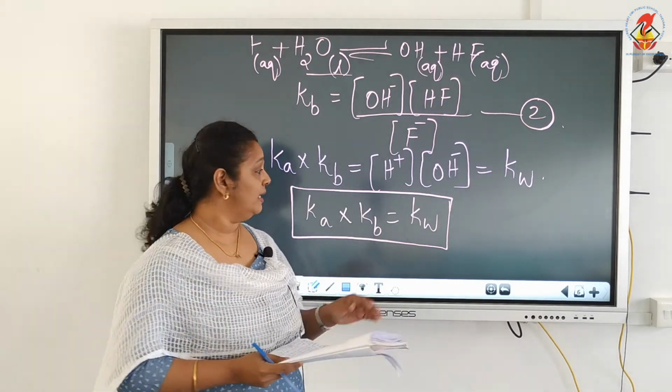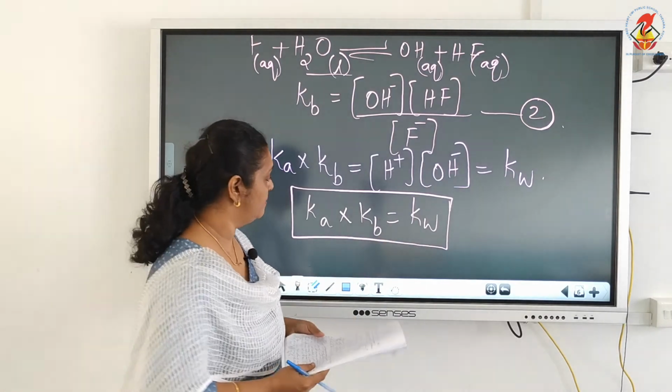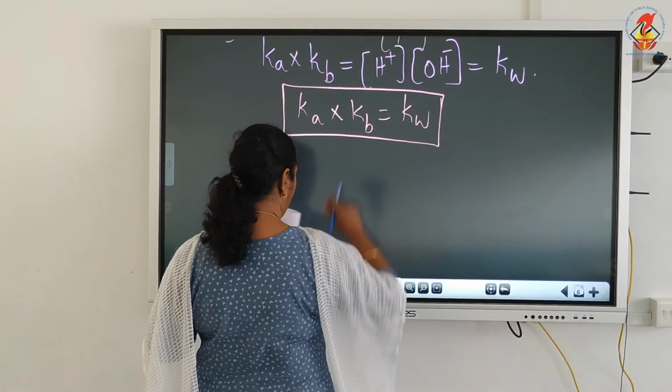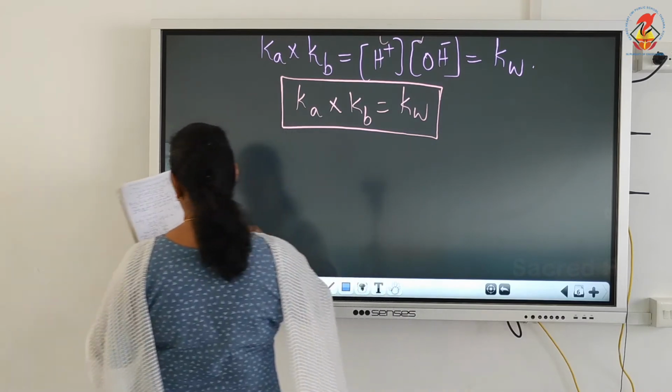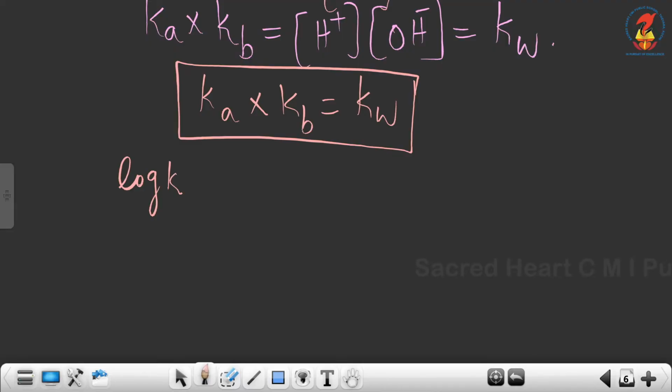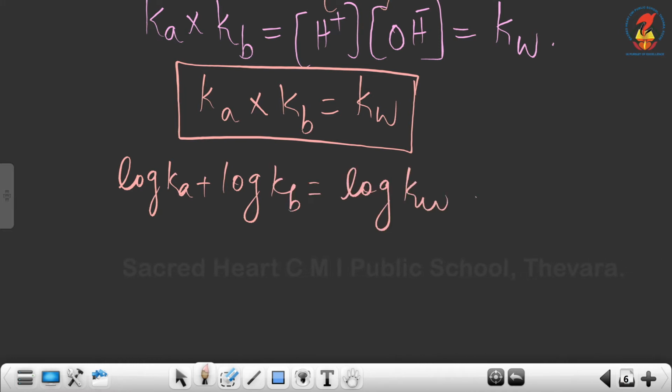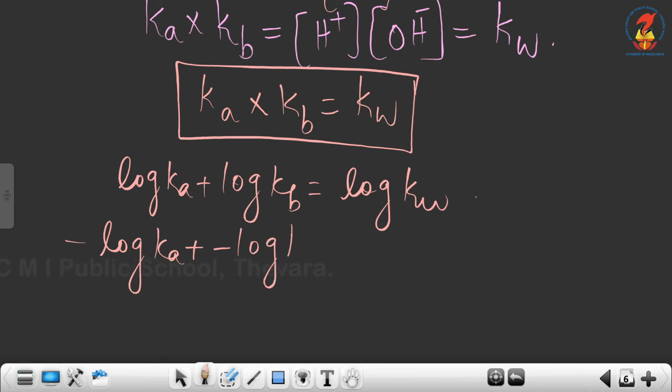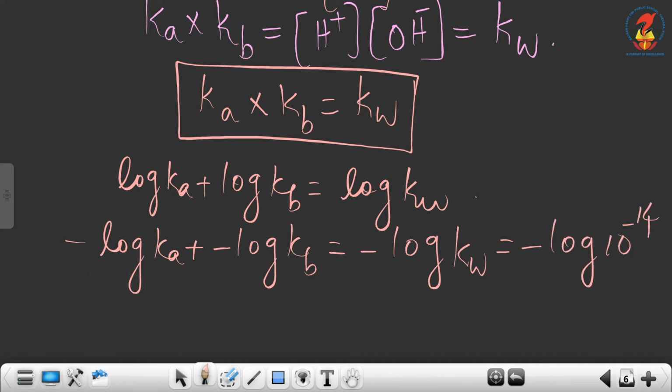Now I am going to take the logarithm of this expression. Ka into Kb is equal to Kw. So when I take logarithm, I write log Ka plus log Kb is equal to log Kw. Or when I take negative logarithm, it will be minus log Ka plus minus log Kb is equal to minus log Kw, and we know the value is minus log 10 raised to minus 14.